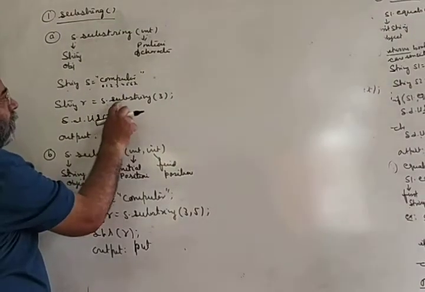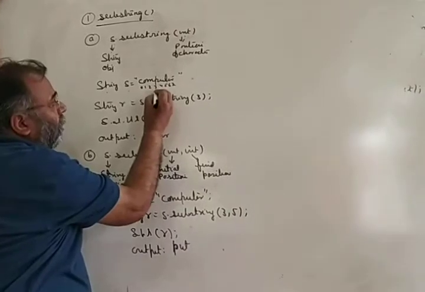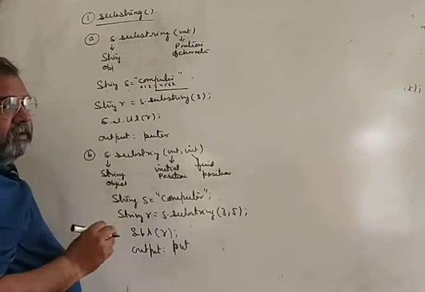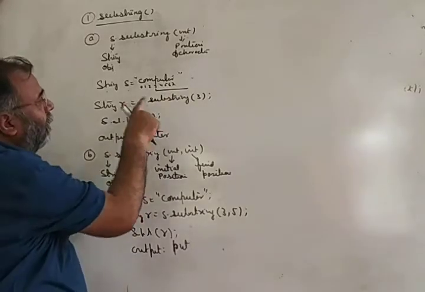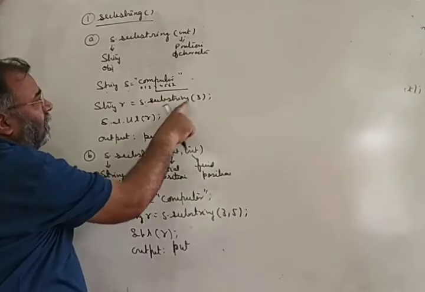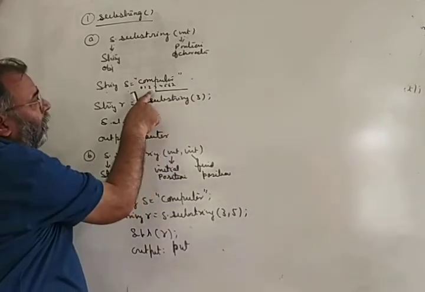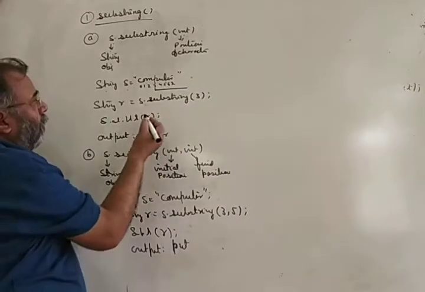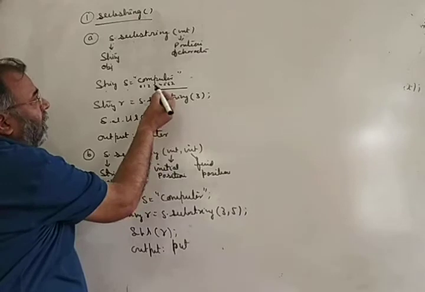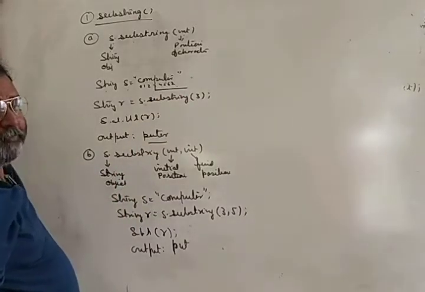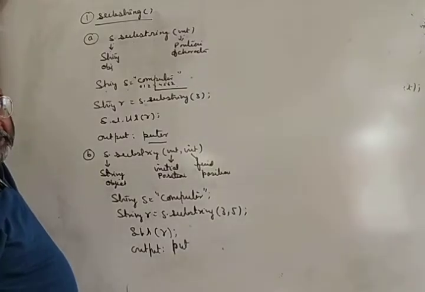If you write s dot substring(3), it will pick all the characters from position 3 till the end of the string. In the first format, the position you pass is a single position, and it starts picking characters from this position till the end of the string. So in this case you have written 3, and from 3 till the end is the output. This is the first format of the function substring.